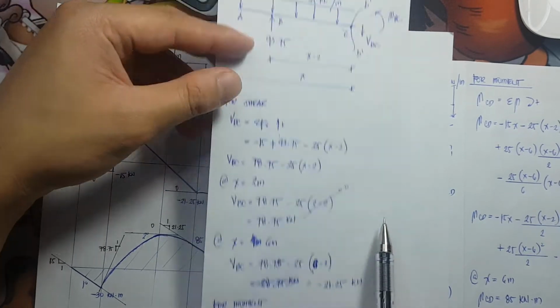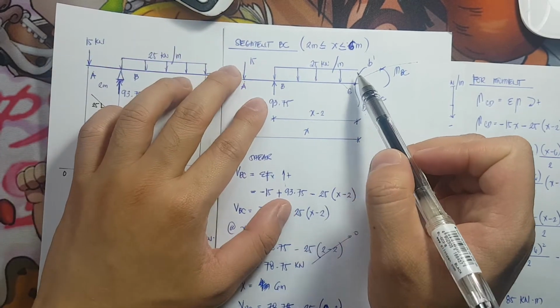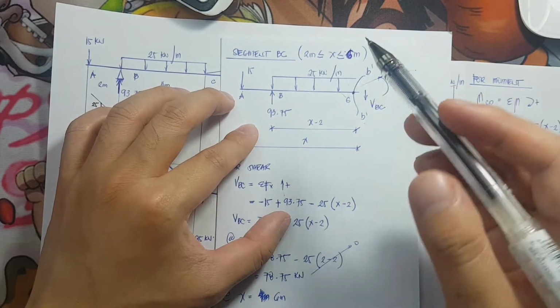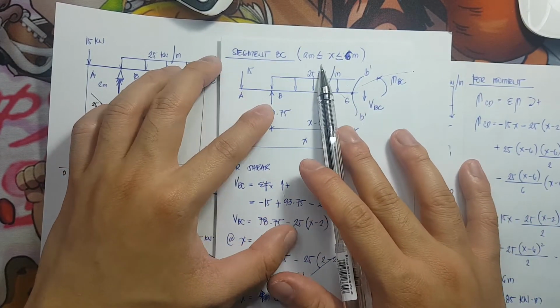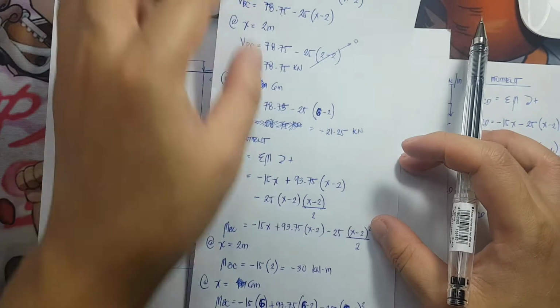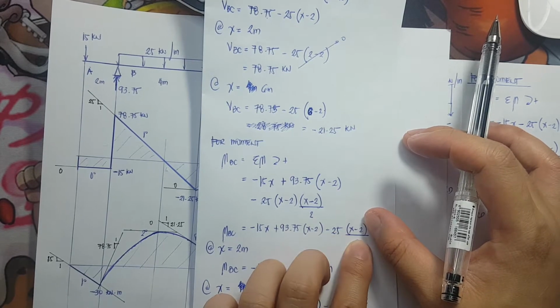Next would be the 25. So for the 25, it is a uniformly distributed load. It is rotating in a counterclockwise manner, therefore it is negative. So negative times the load, 25, times the span of x minus 2. Okay? So, that is the load, 25, times the span of x minus 2.